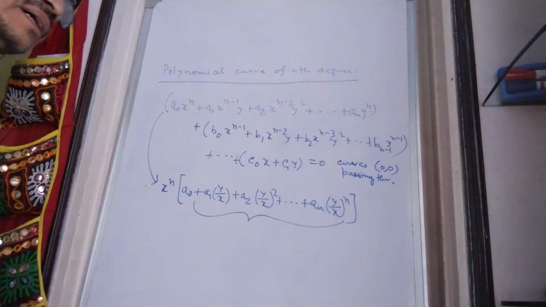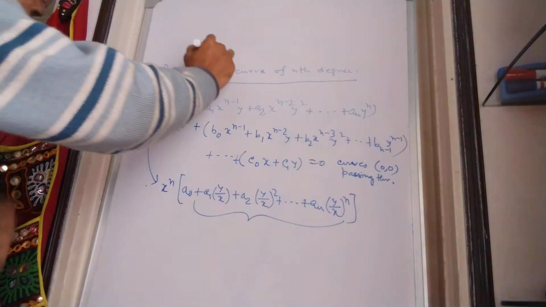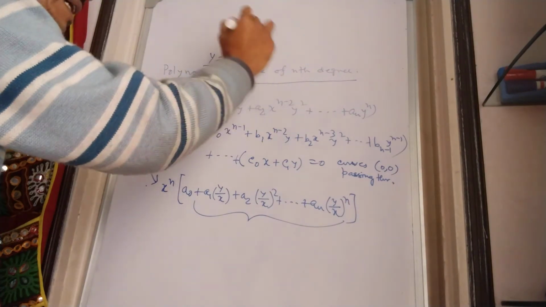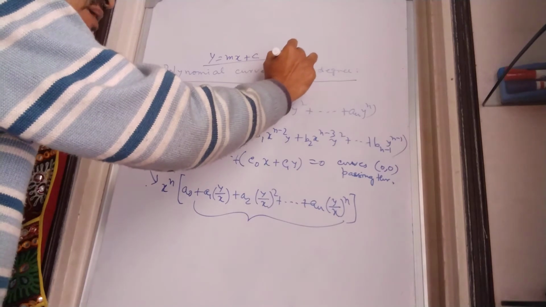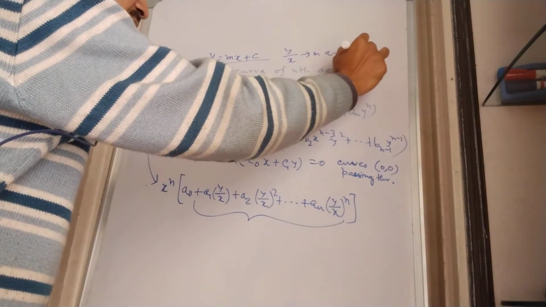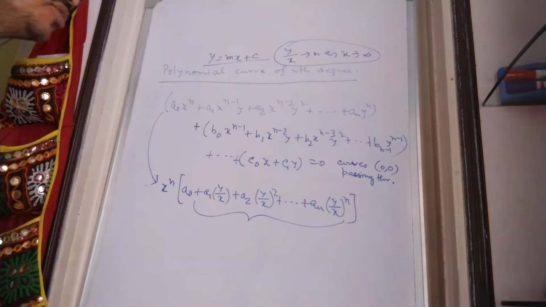Y by x is the variable, we assume it, and we replace y by x by m, because we have assumed that y equal to mx plus c is the asymptote. Since this is the asymptote, we know that y by x tends to m as x tends to infinity. This is the basic idea of asymptote, isn't it so?